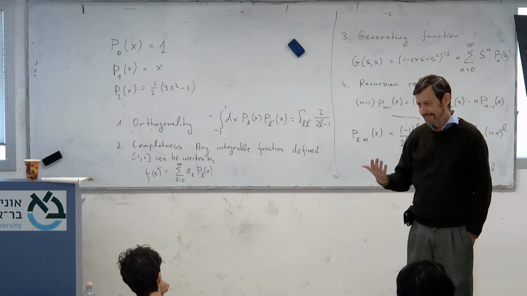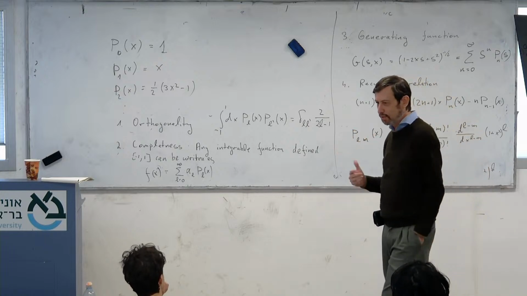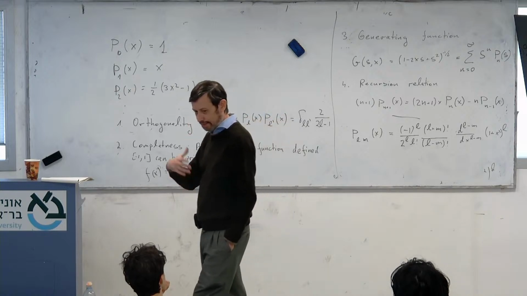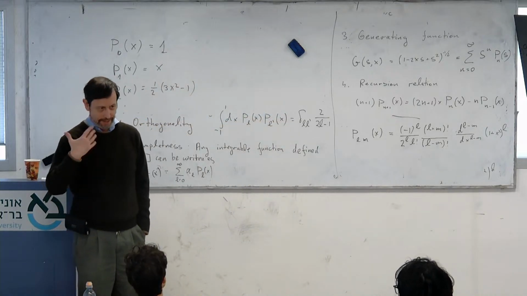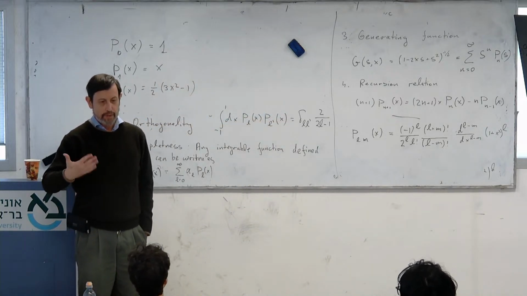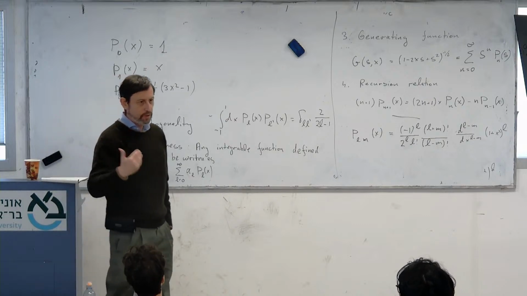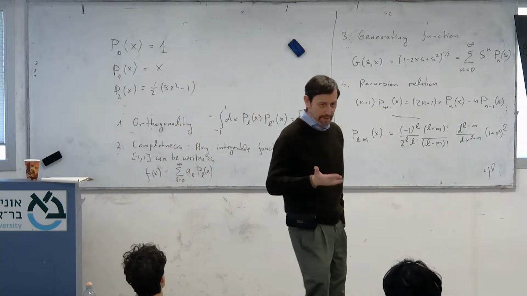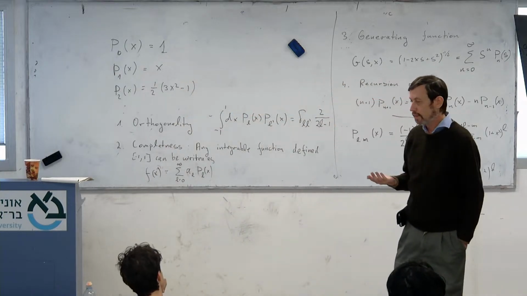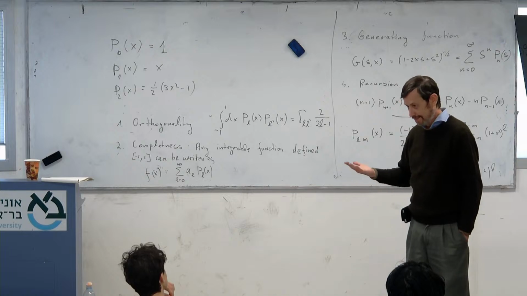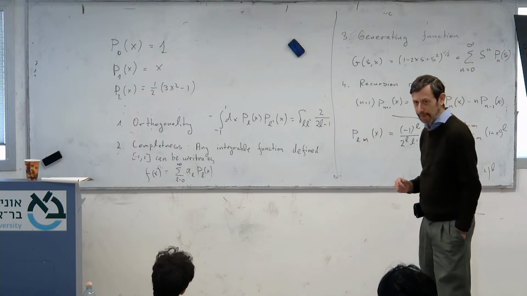The parity of the photon and the parity of the electron in the hydrogen atom have to be conserved. So some transitions in spectroscopy are not allowed because of parity. But I said parity is conserved. Why? That we'll see.